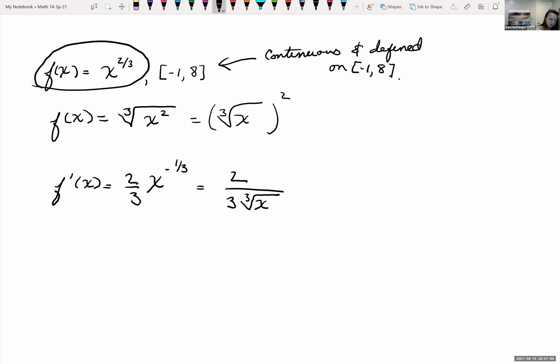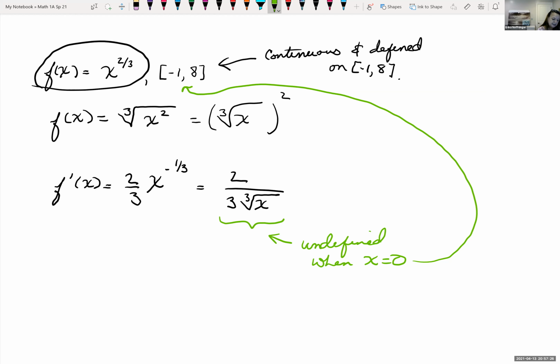So we have a problem in here. This is undefined when x is equal to 0. I can't have 0 in the denominator. And if I look at that, notice that that is contained in that interval from -1 to 8.